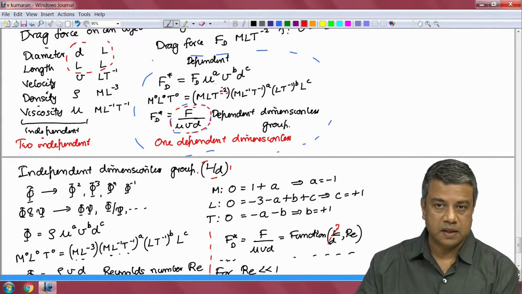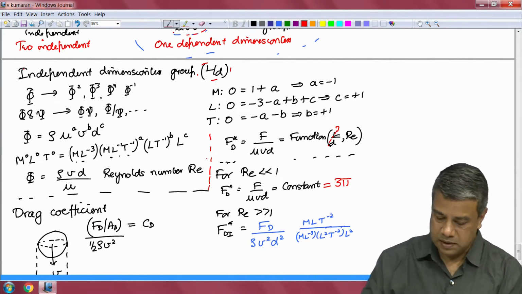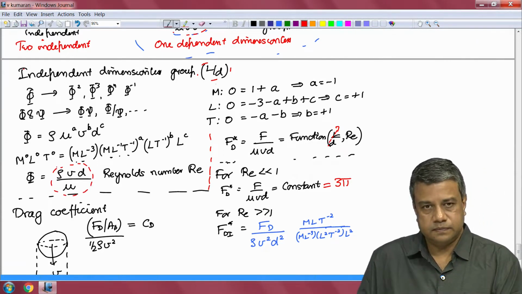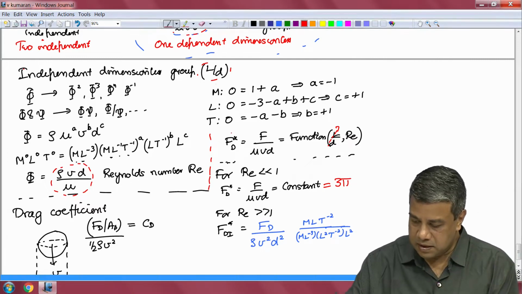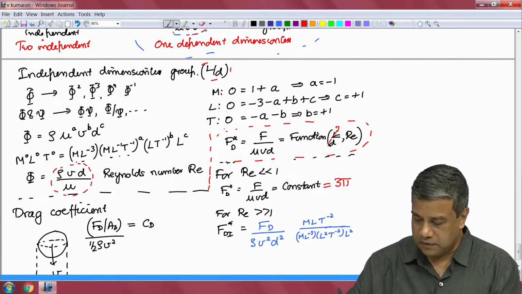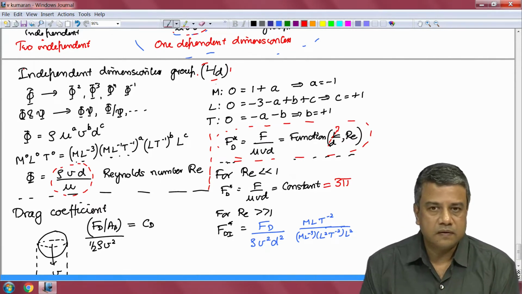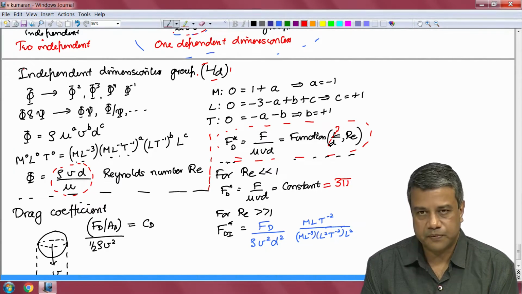That we got by dimensional analysis is what is called the Reynolds number, rho v d by mu. So the relationship between these is in general of this form: the non-dimensional drag force F divided by mu v d is some function of the ratio of lengths and the Reynolds number.